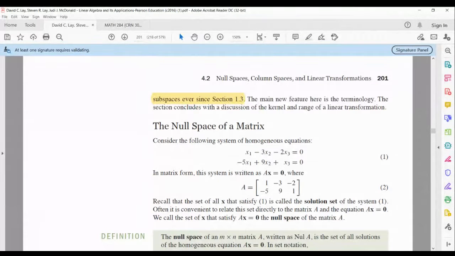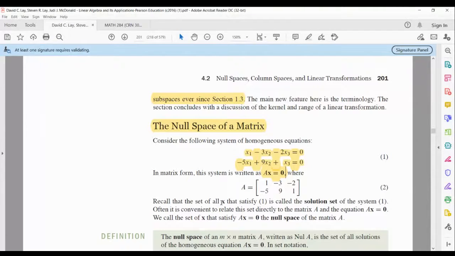All right, well let's take a look here at this idea of a null space. So the null space of a matrix. If you have a system of equations, here they have two equations, and you write that as the matrix equation A times X equals the zero vector, where A is the set of the coefficients.